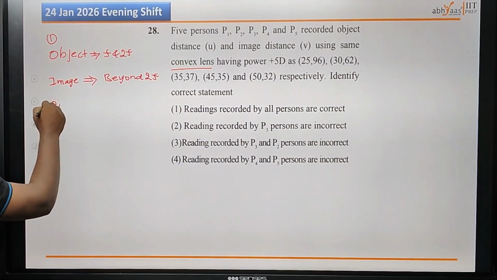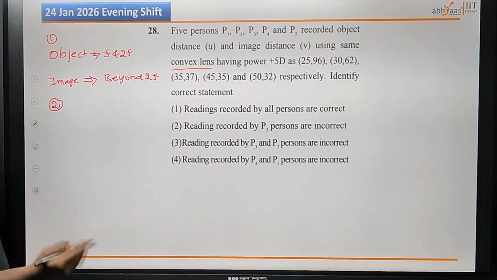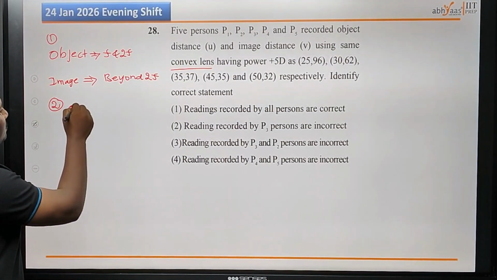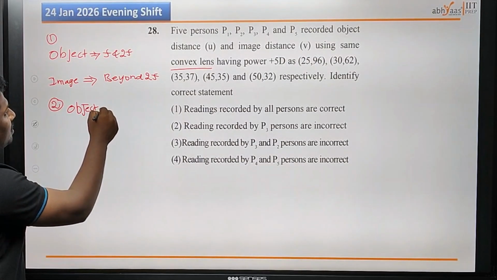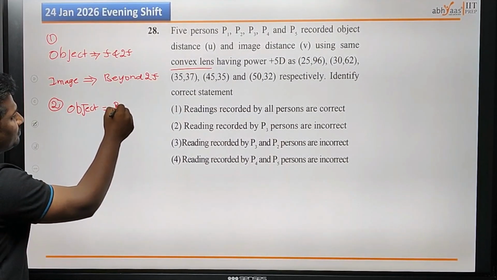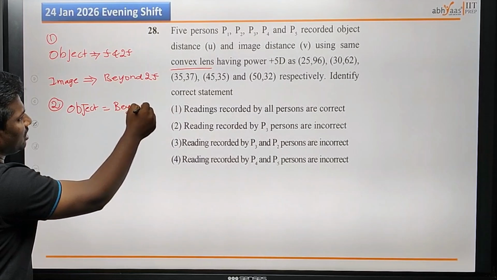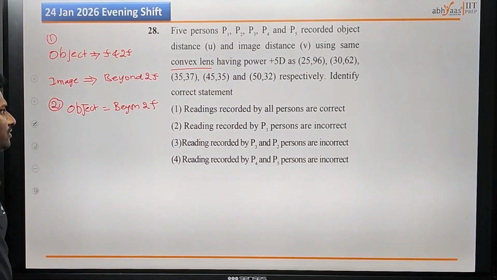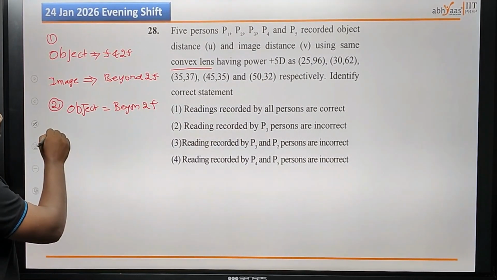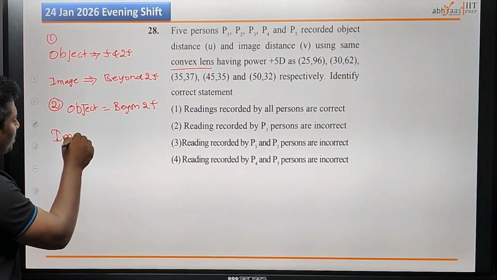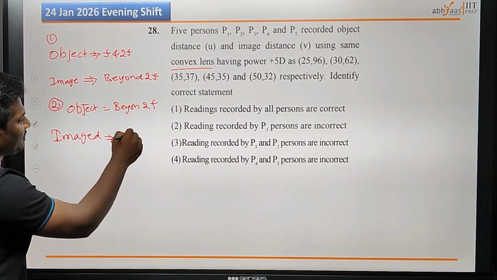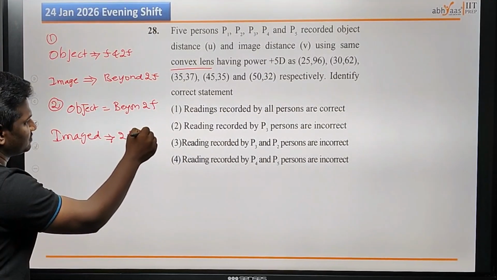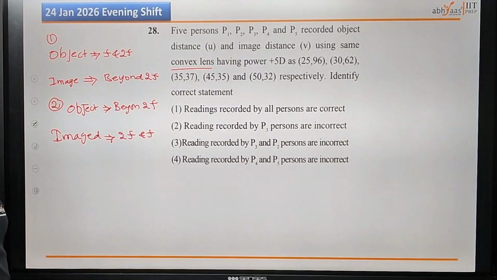Case 2: if the object is placed beyond 2F, the image is formed between 2F and F. You have to remember these conditions.